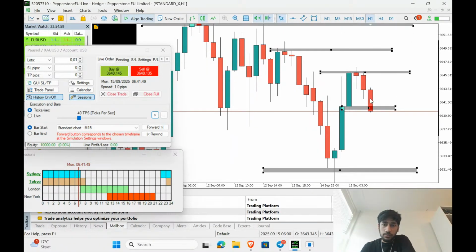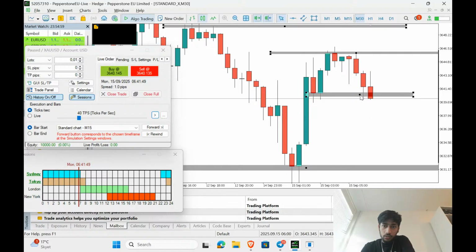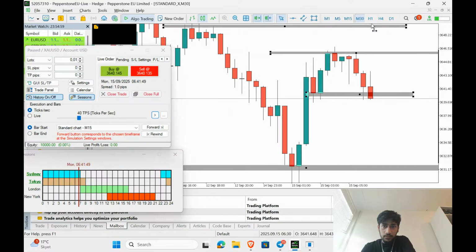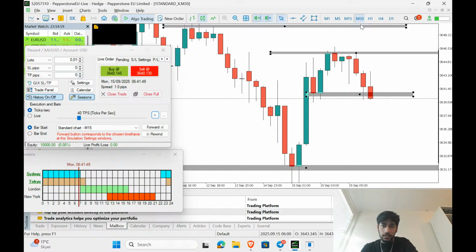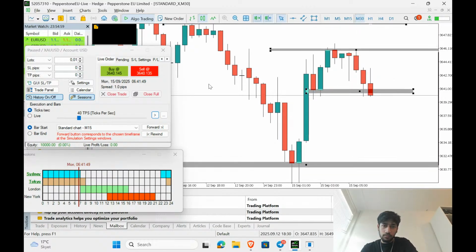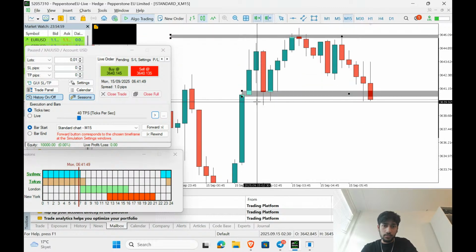H1, we just broke below the low. M30, we broke the low. We have rejection here, but this trade validates due to the fact that H1 has closed bearish, right? And H1 has range, and M30 has also range. Ideally, I would love to wait for M15 to close, so I think I should wait for 15 minutes to close or just break below these lows.